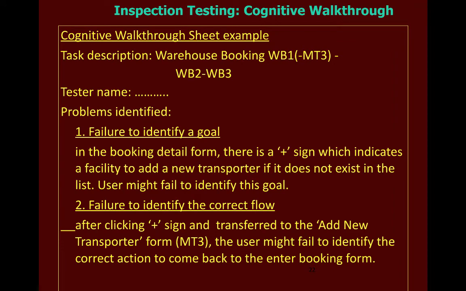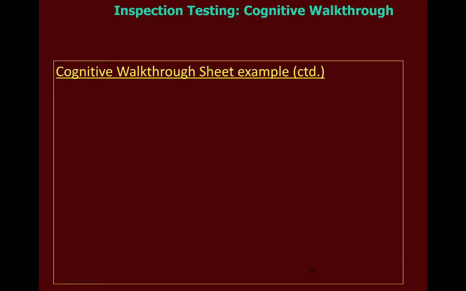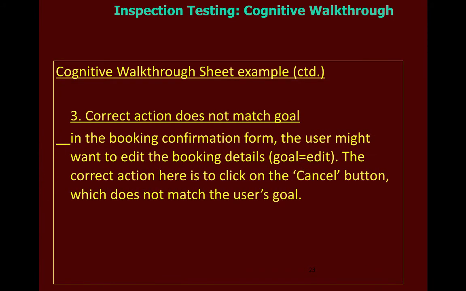Sometimes the correct flow may not be so obvious from the design. So you might fill in a form that records the problems identified as you're walking through that particular aspect of the website in the presence of your other team members. You find, for example, that clicking on a certain button doesn't match the user's goals and so on. So this is just an example.